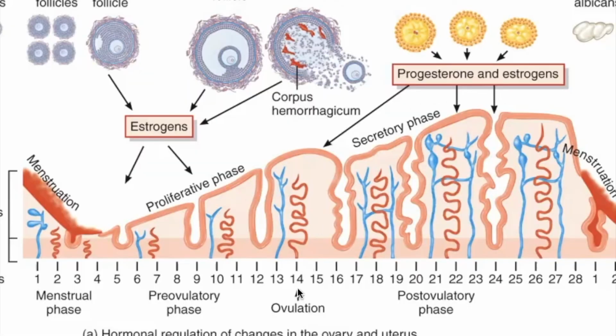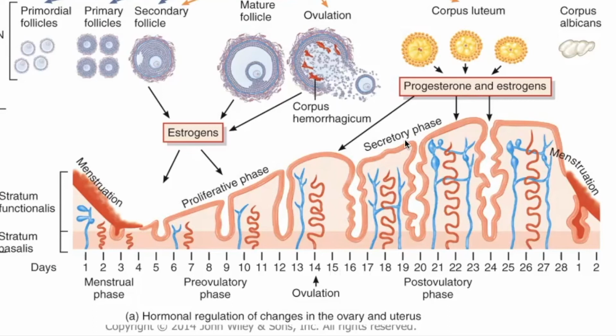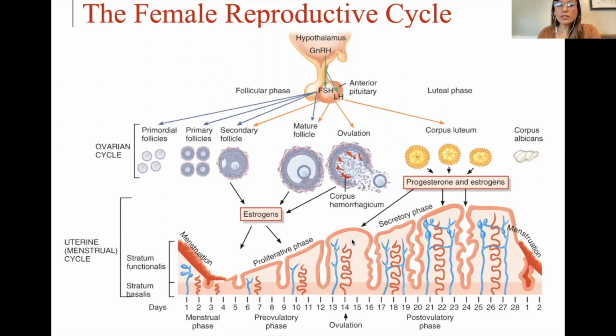After ovulation, from day 15, now we start getting into the post-ovulatory phase. And notice that at this time, the uterine lining, we call this area the secretory phase, because the stratum functionalis continues growing. It is going to be also stimulated by progesterone and estrogens, because if the female got pregnant, now notice that the egg has been, let's say that the egg was fertilized.